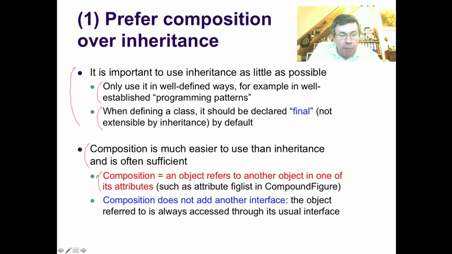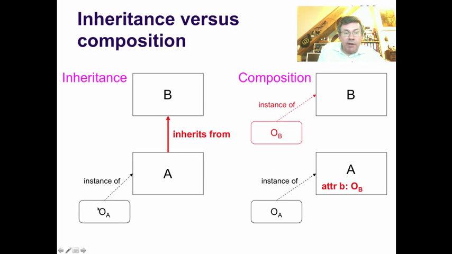This is an example of composition. No inheritance necessary. And the point is that if we use composition, we are not adding another interface. The object that we refer to from inside another object is always accessed through its usual interface and never by extending its interface. So that's why composition is preferable over inheritance.